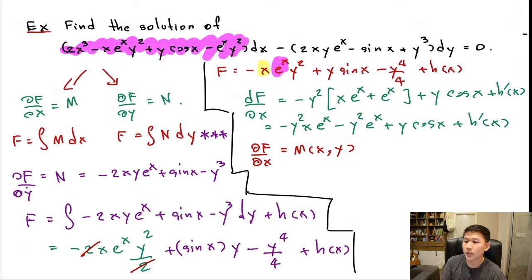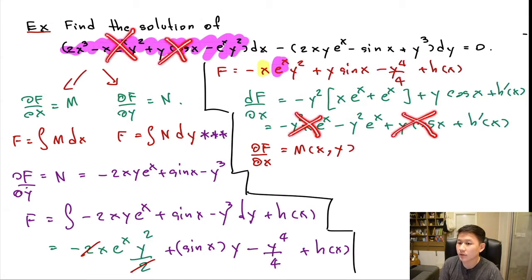Okay. So we have that minus x y squared e to the x, this one cancels out. Y cos x cancels out as well. Minus y squared e to the x cancels out.